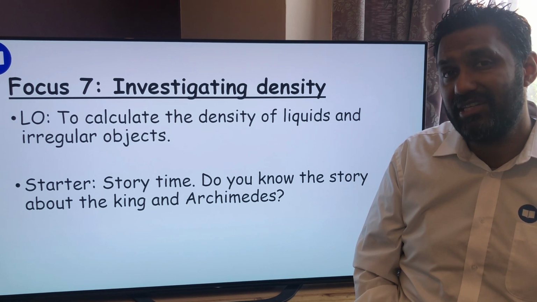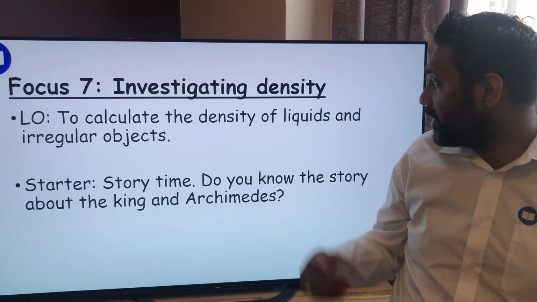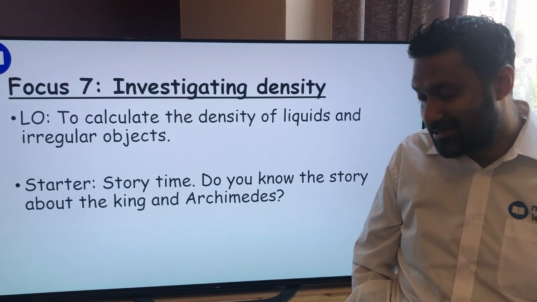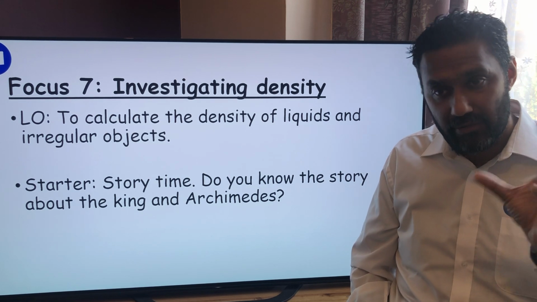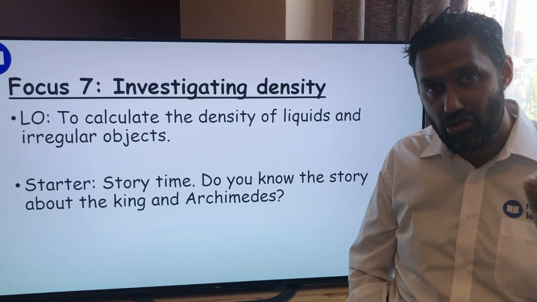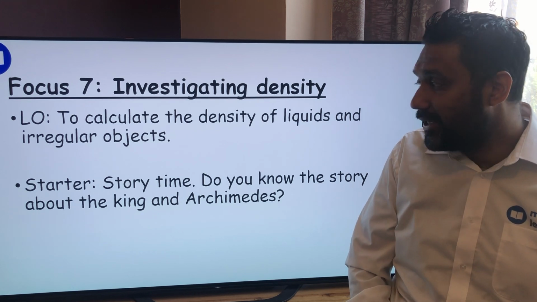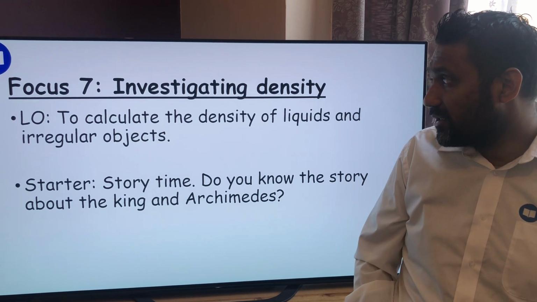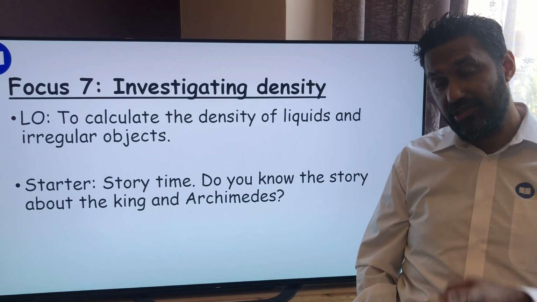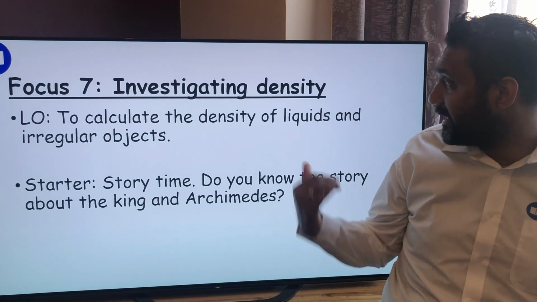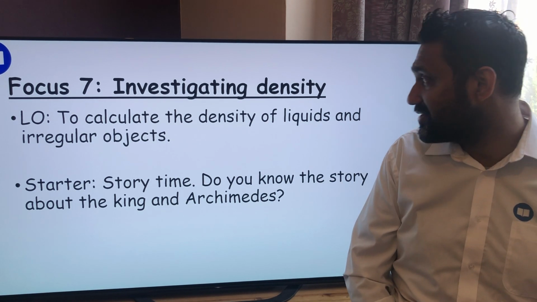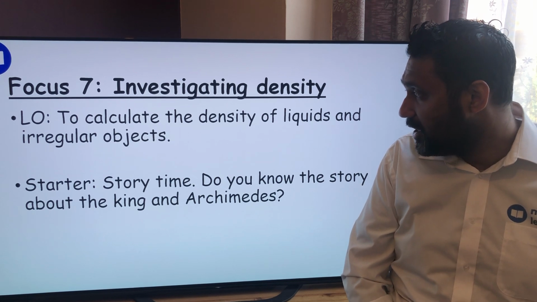But how about if the object is irregular, like a liquid, or an object like a rock that doesn't have a regular shape where you can get a ruler and measure it equally all the way around? Well then, the two other parts to this investigation are measuring the density of liquids and irregular objects.